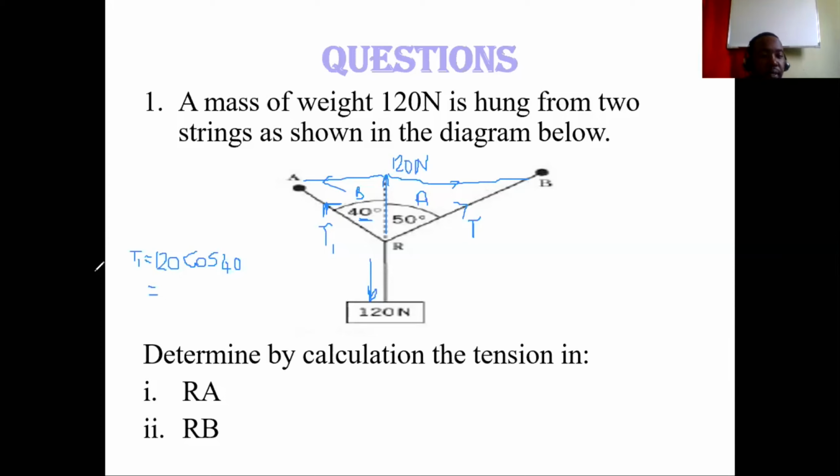When we do that, we get 92 newtons. So this 92 newtons is the value of RA.